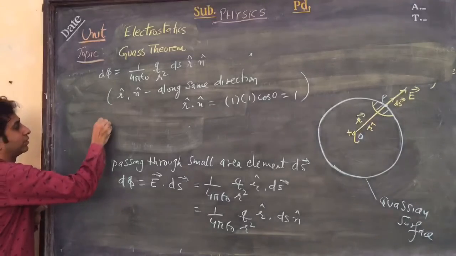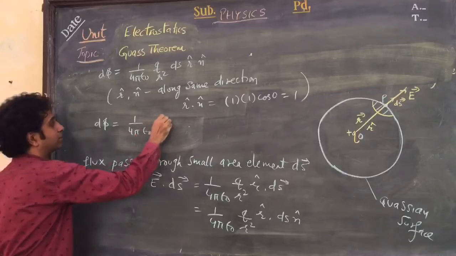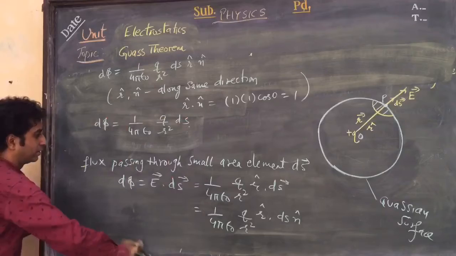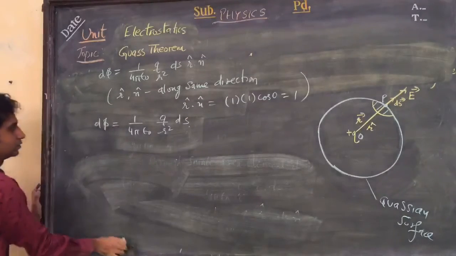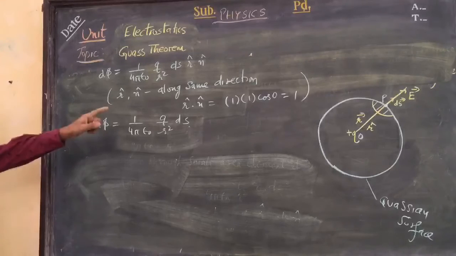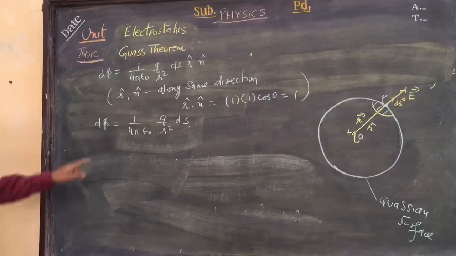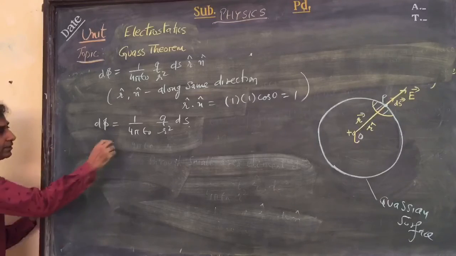So we have the simple relation d phi equals 1 by 4 pi epsilon Q by r square into dS. This is the flux passing through a small area element dS.